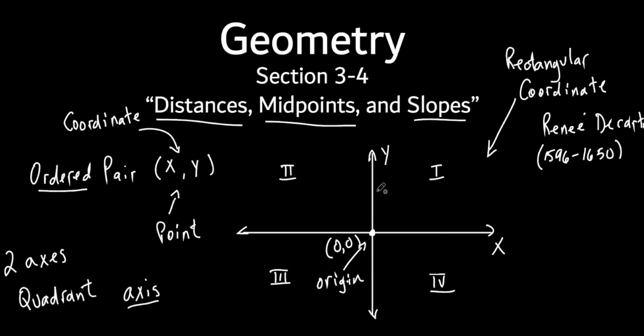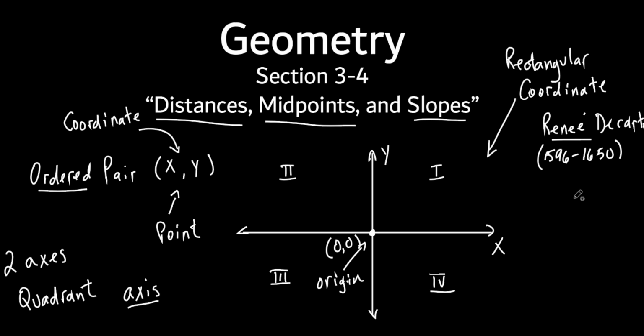He was a philosopher, a scientist, a mathematician. In my notes, it says he connected geometric figures to algebraic equations. So he took stuff that people knew and filled the gap between algebra and geometry. Pretty important person in math. Look him up sometime. I haven't done a whole lot of research on him.